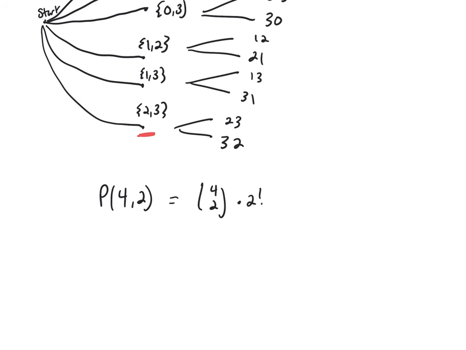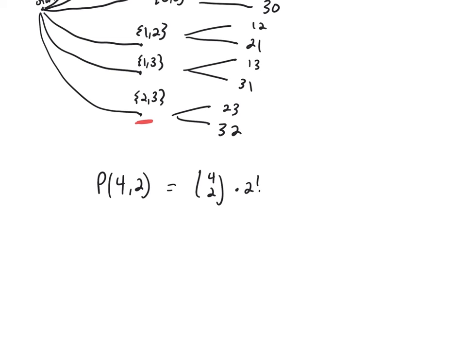So this is my equation. We've already done the second part, find an equation relating these, and if we solve for 4 choose 2, it'll be P(4,2) over 2 factorial.